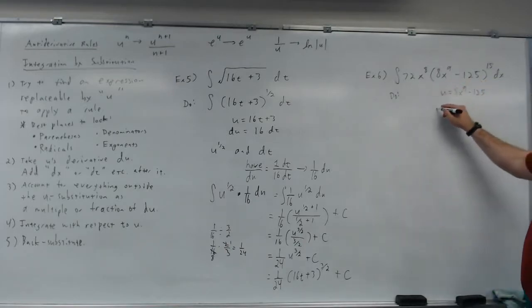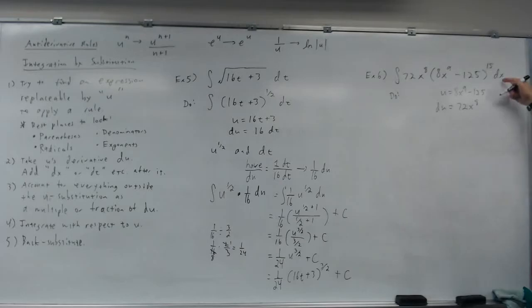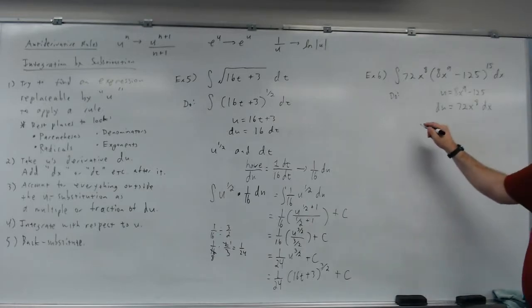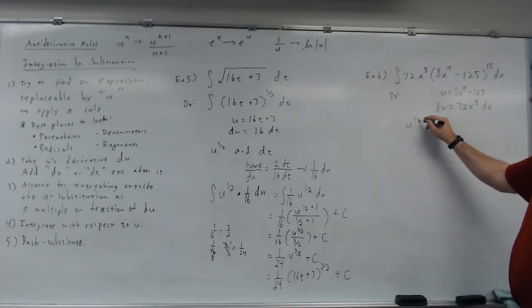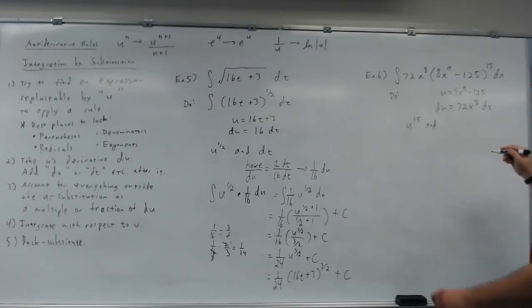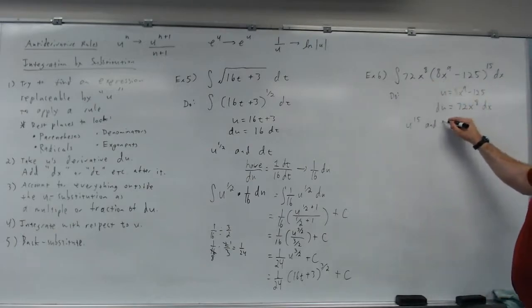So du will equal 72x to the 8th, and then it's going to be with respect to x, so dx. Now, here's what I have. I have u to the 15th, and I have 72x to the 8th.